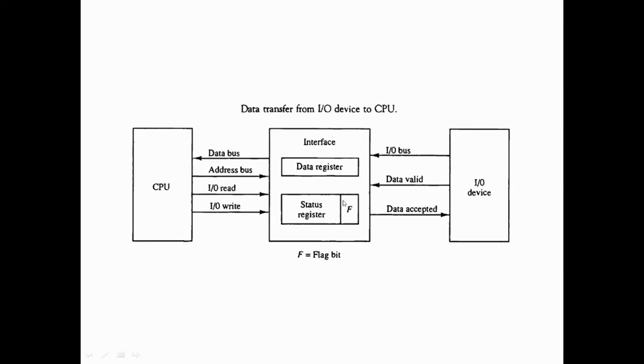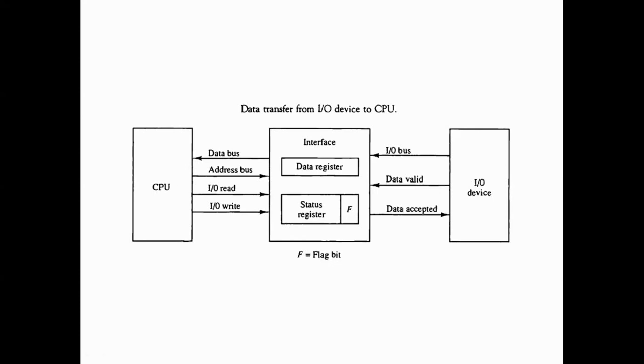So there may be a flag bit in this. If this is on, that means data has come. If it is not on, that means data has not come. So whether this is set or it is not set, it is to be continuously checked by the CPU.